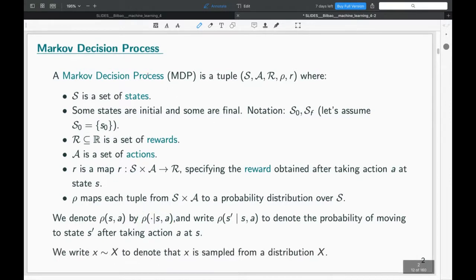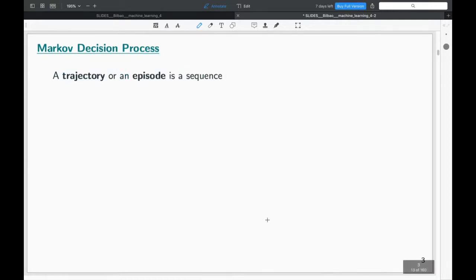Okay. And we use this notation X sim X to denote that X is sampled from a distribution X. Okay, a trajectory or an episode is a sequence of states, actions and rewards.